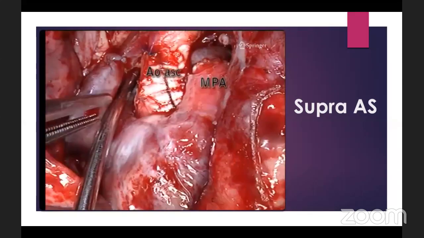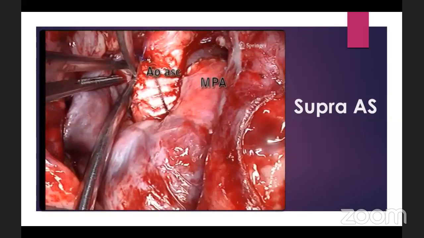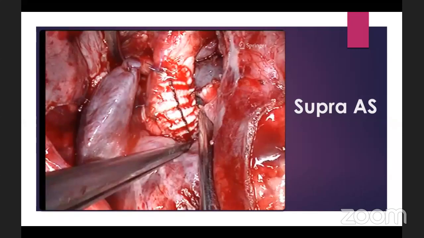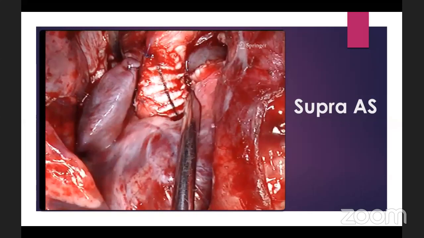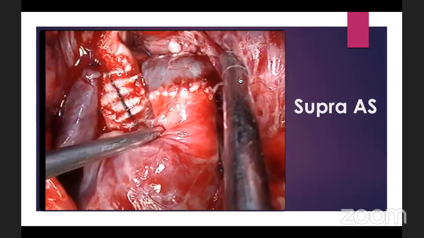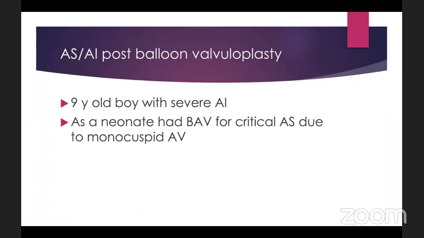Actually, this year with the whole COVID situation since March, we haven't had a single case of supra AS. So it's really not that common. Okay, let's move on. Are the videos clear?